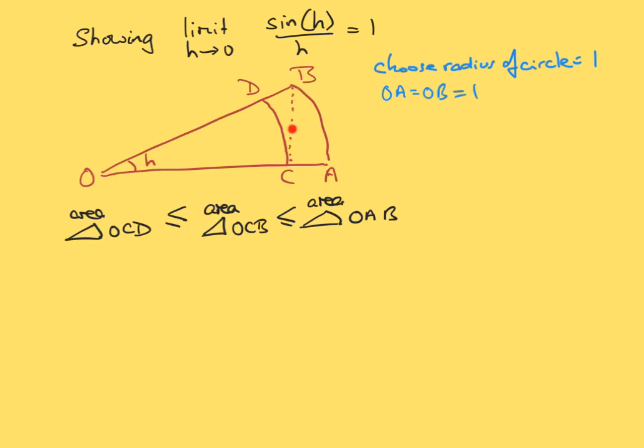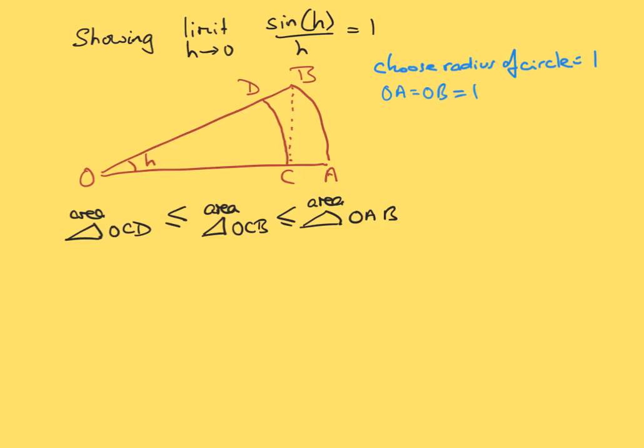So here we have a right angle triangle, OBC. This distance is still 1, O to B, and that means that BC divided by 1 is going to be the sine of h, the opposite over the hypotenuse.